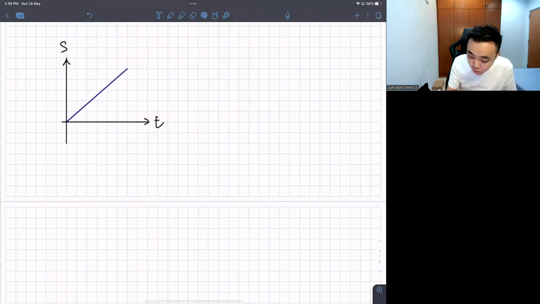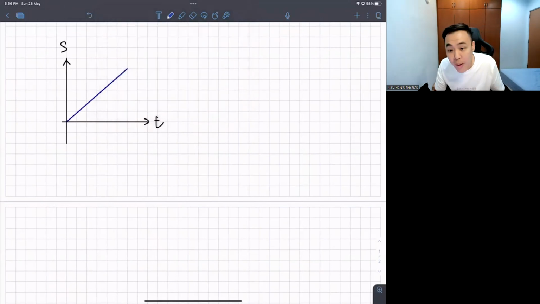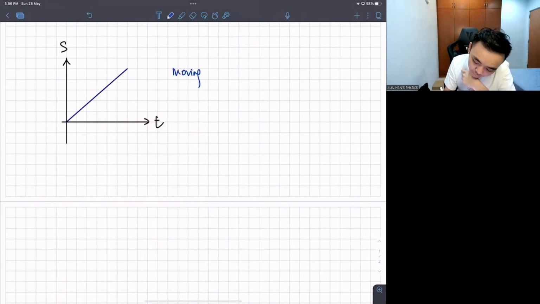You tell me, because I told you the trick already. To describe a graph, what is the thing we do? First, moving or not? Moving, yes. Direction? Where are you going? Forward, because the graph is going up, correct.